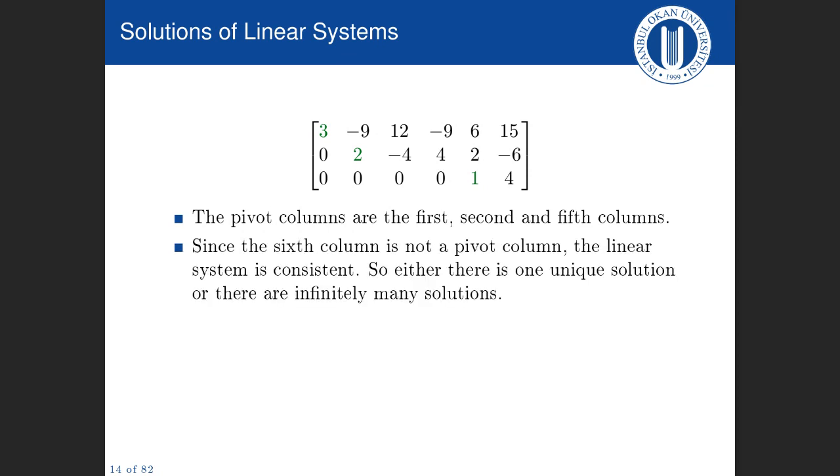Because the sixth column is not a pivot column, that means the linear system is consistent. So we've ruled out the possibility of there being 0 solutions. Now we know that there's either one unique solution or there are infinitely many solutions.